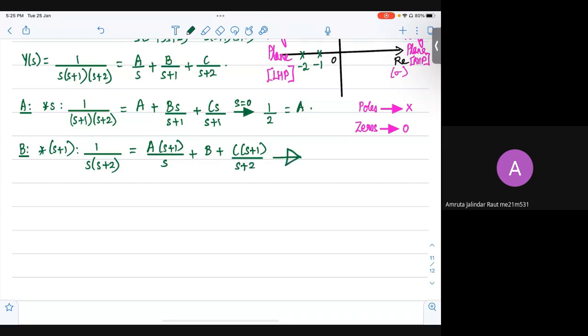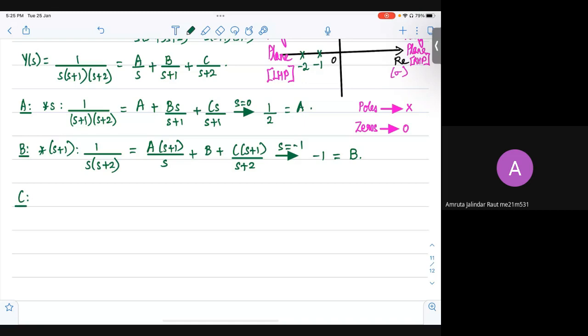So if I substitute the root of s plus 1, which is minus 1, the left-hand side will become minus 1 and the right-hand side will be just b. So b is equal to minus 1.